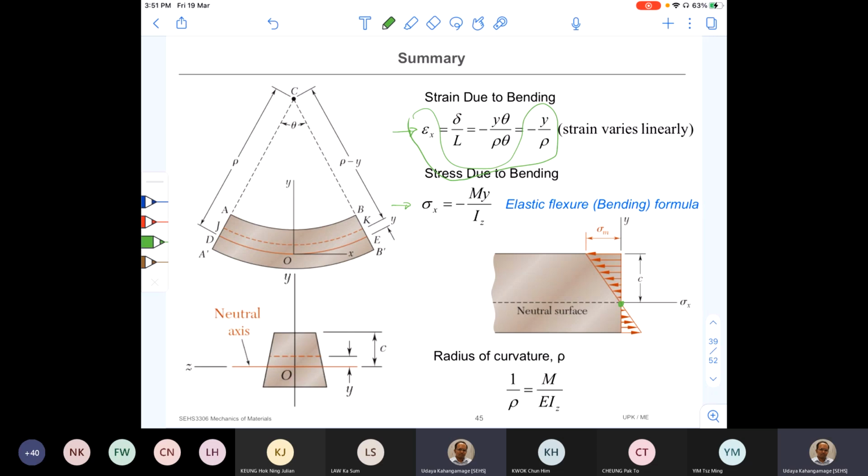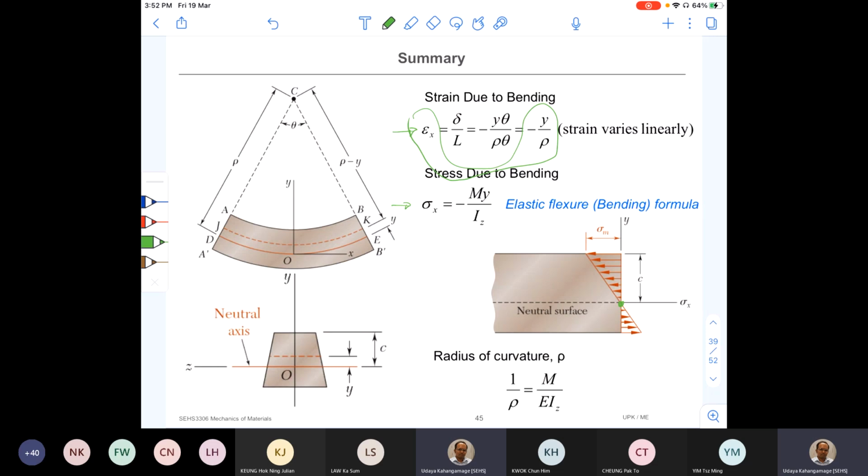So last week we learned how to find the centroid of a geometry. And then we learned that the stress varies linearly within the cross section. Maximum stress happens at the outer surface, depending on the way the load is applied. The top surface above the neutral axis can be compressive or tensile.